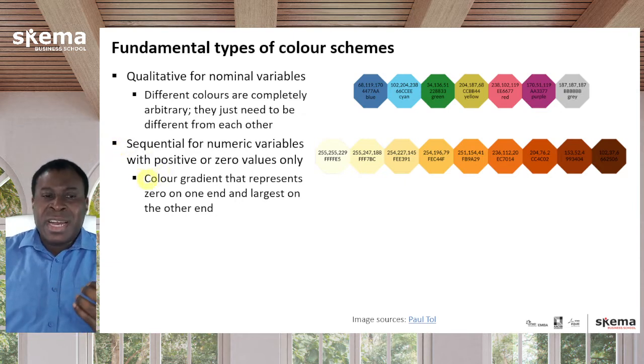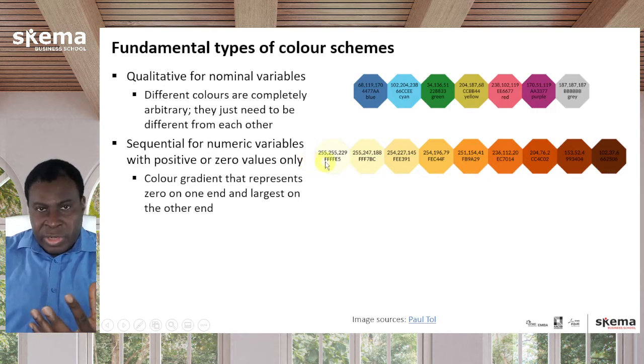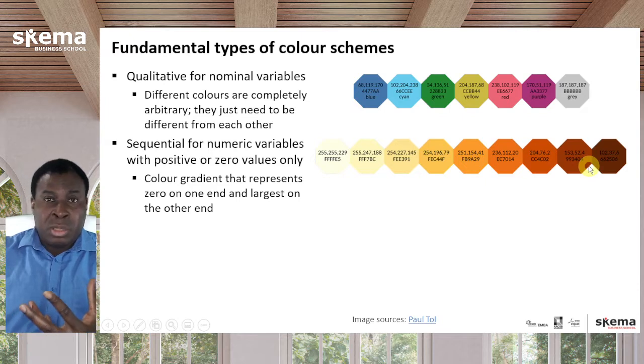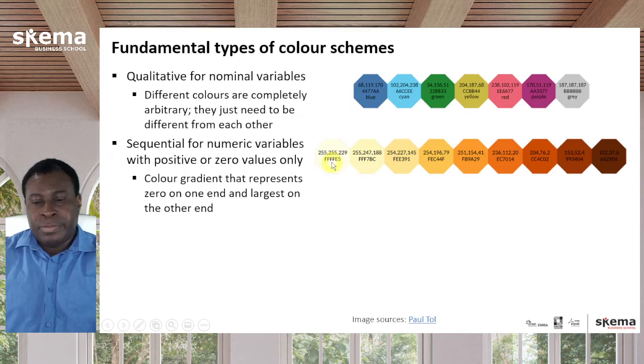So you need a color gradient, usually with a light color representing zero or the smallest value, and then moving increasingly darker to the darkest color that you have, but with a unified progression in the color. This is called a sequential color scheme because there is a logical order to the different hues, and darker colors mean larger values, lighter colors mean smaller values. This is a sequential color scheme.